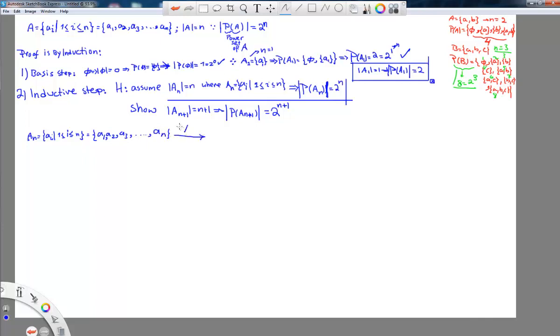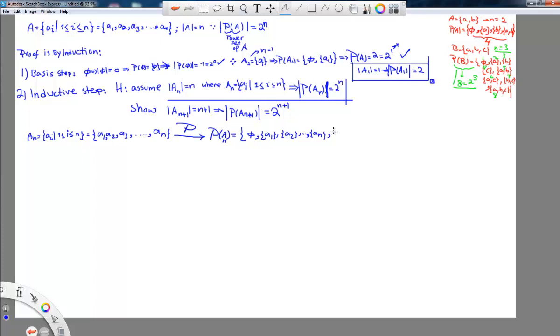From here, its power set, so the power set of A sub n, is going to be the empty set, the set A sub 1, the set A sub 2, to the last element, A sub n.